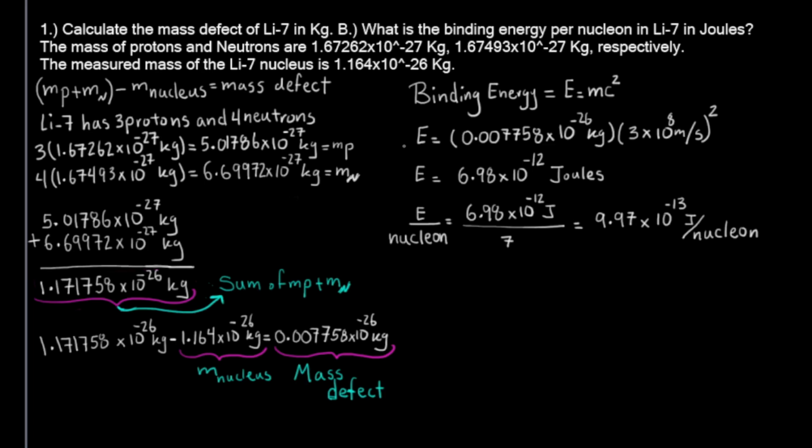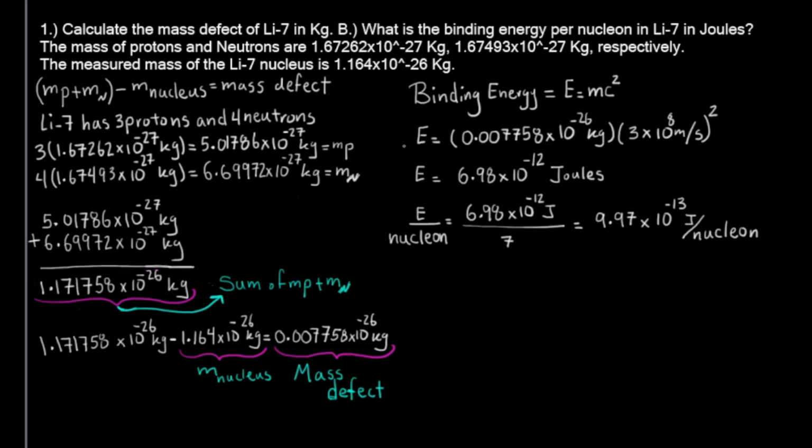So E is equal to 0.007758 times 10 to the minus 26 kilogram times 3 times 10 to the 8 meters per second. And you have to square that value because the equation requires that you square the c value, or the speed of light. If we plug this into our calculator, we get a value of 6.98 times 10 to the minus 12 joules for binding energy.